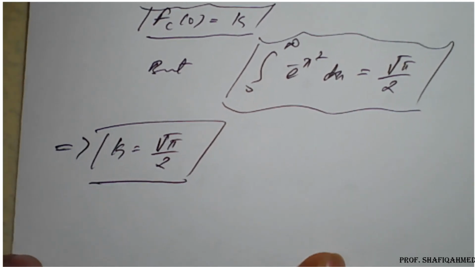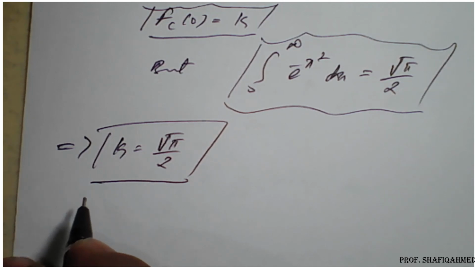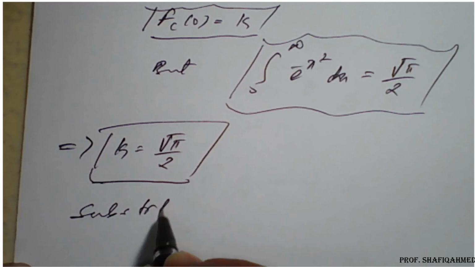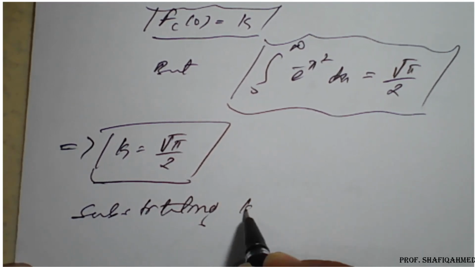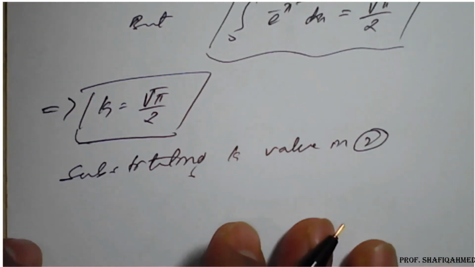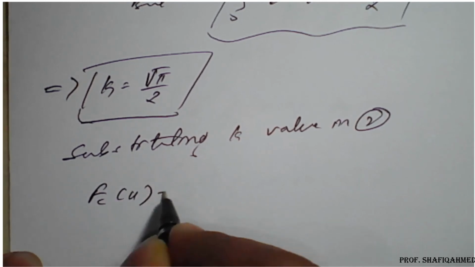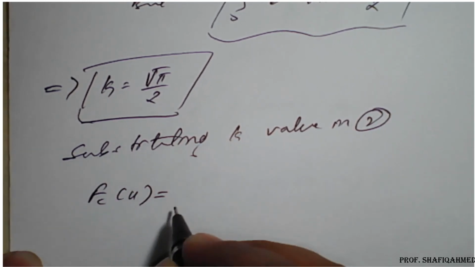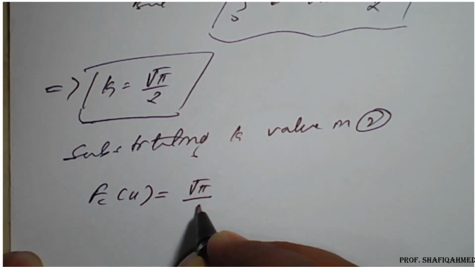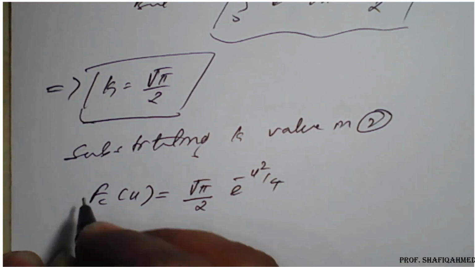So therefore, substituting this k value into equation number 2, we'll get f_c(u) is equal to root pi by 2 into e raised to minus u square upon 4.